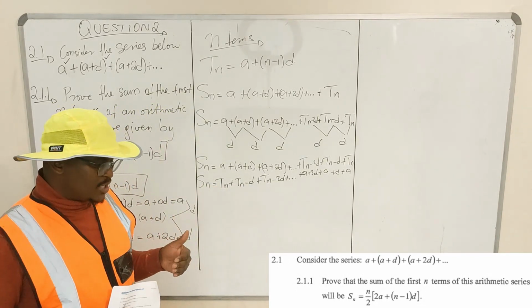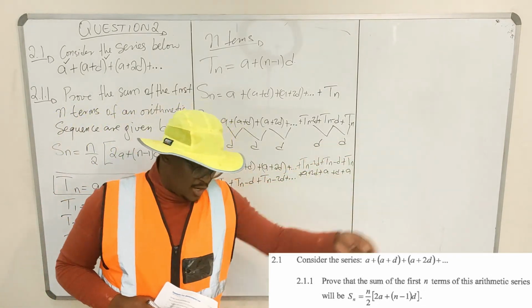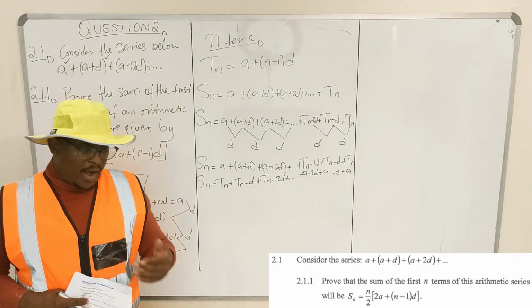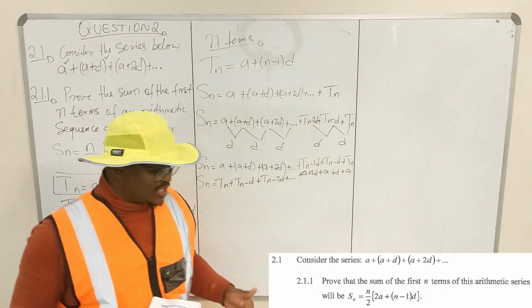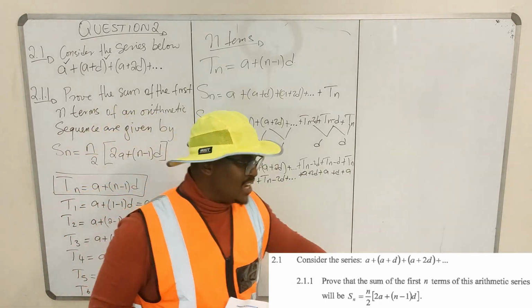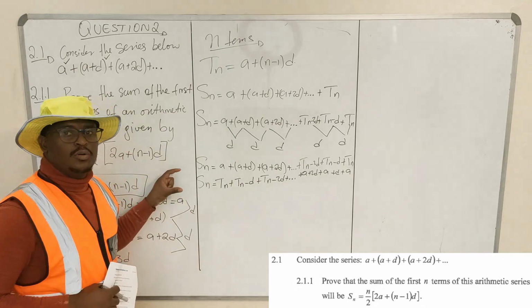For example, if you add terms from 1 to 30, it should be the same even if you start from 30 and go back to 1: 1 plus 2 plus 3 plus 4 plus 5 up to 30 should be the exact same as 30 plus 29 plus 28 up to 1. So this is the exact same thing we do here.